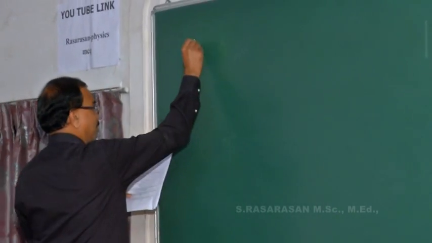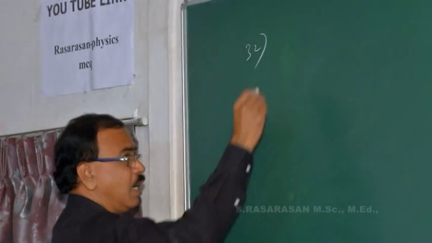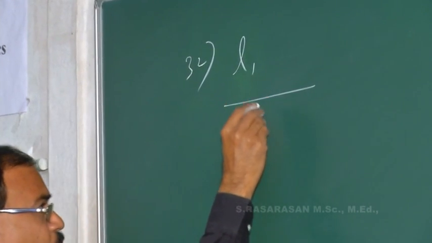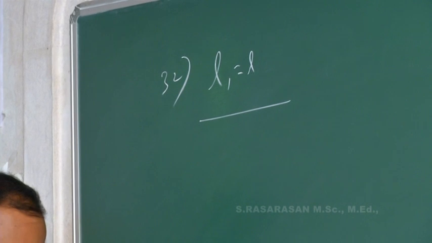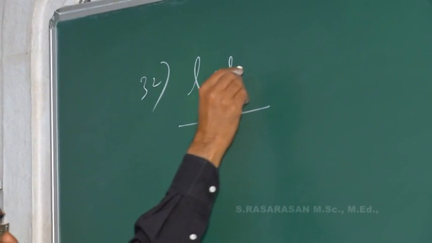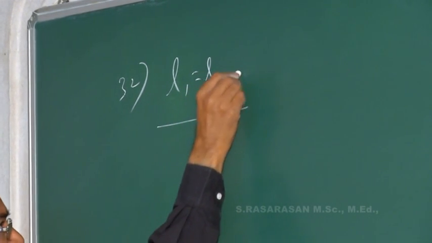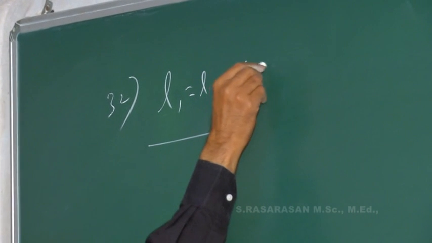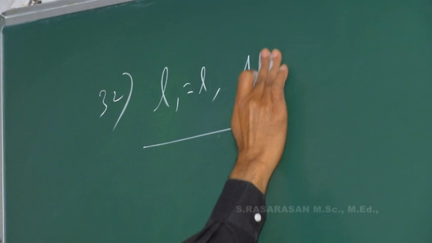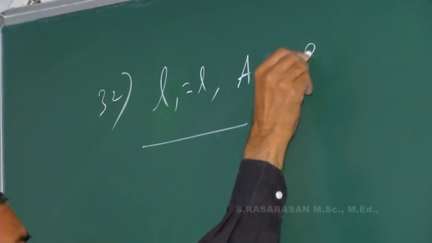In this problem, let L1 be the initial length. This is a wire whose length is L1, that is L, the initial length, and whose cross sectional area is A1, where A1 is pi R1 square. Let A1 be the thickness or cross sectional area of this wire, whose resistance is R1.